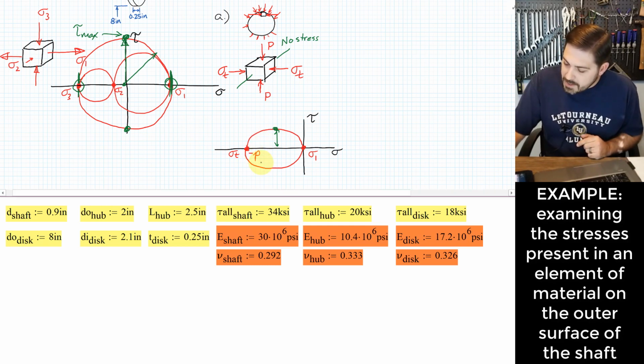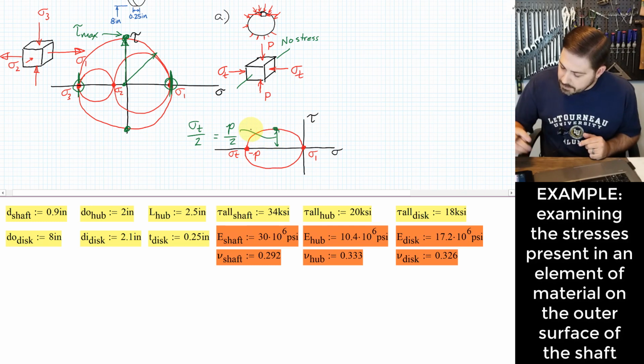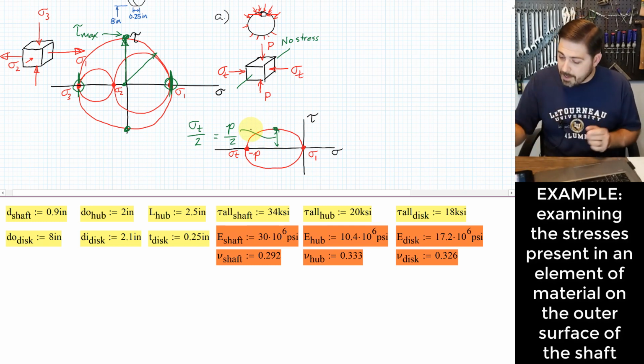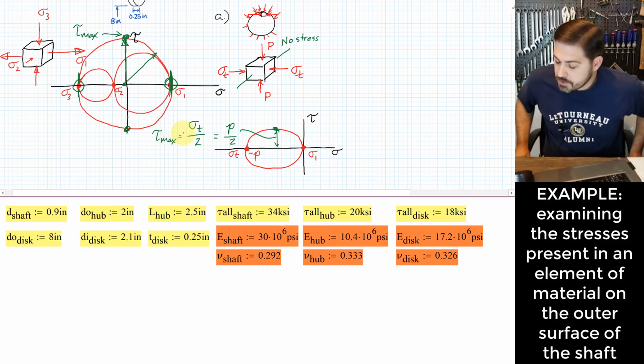Well, if that's minus P, that's shown over there, then the height of this thing is really just P over 2, which is just going to also be equal to sigma T over 2. That's what that little length is right there that gives me my maximum shearing stress.